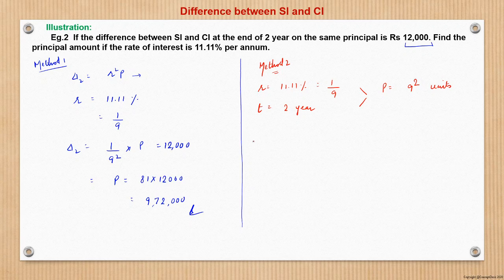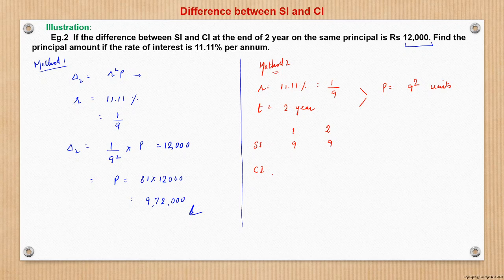So from then further we can say that simple interest for the first year and the second year, and compound interest. So simple interest for the first year will be what? Principal is 9 square and rate of interest is 1 by 9. So 1 by 9 of 9 square, that is 9 units. Then for the second year also the simple interest remains the same, 9 units.